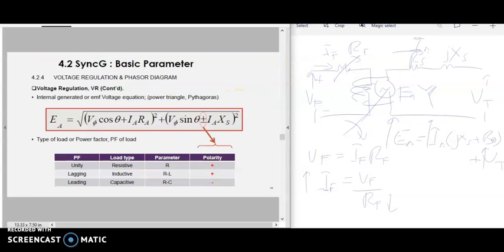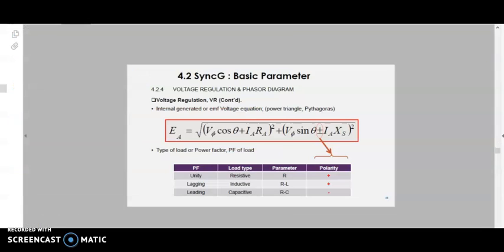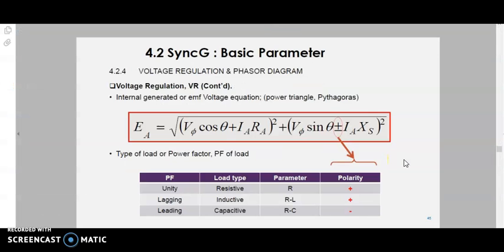Voltage regulation and phasor diagram. The internal generated EMF voltage EA is equal to the amount of V cos theta plus the armature impedance, with P and Q, the real and imaginary parts of the element. Power factor at unity means that the load is resistive.